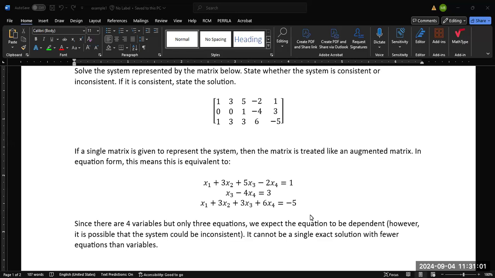Now, to solve this system, we're going to need to row reduce this matrix to reduced echelon form. It's important that it be in reduced echelon form when the system is dependent. It actually makes things much more complicated if we only go to echelon form. So if we apply row reducing methods, we really only need 2 steps here.